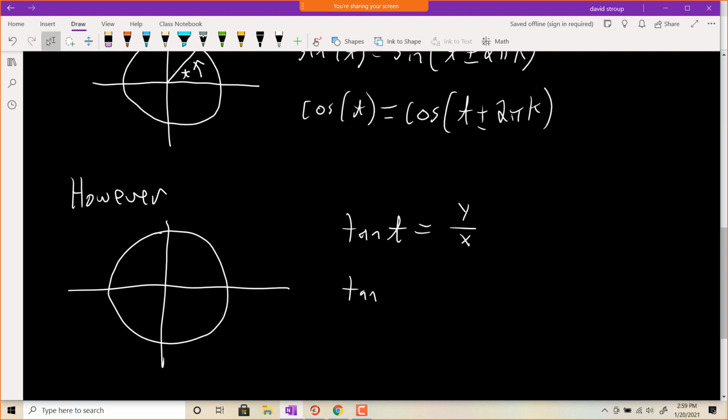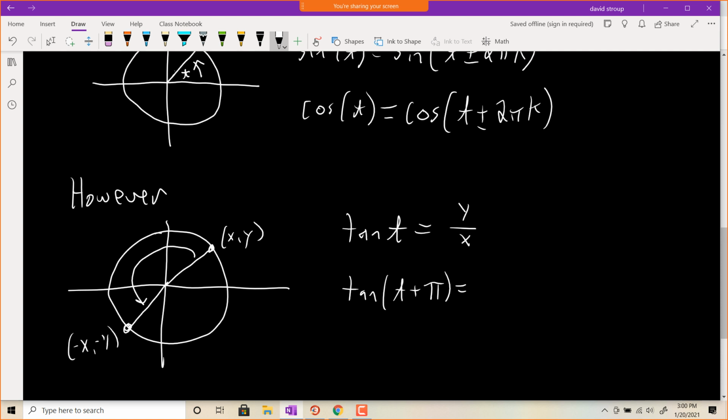Okay, so if you go tan of t plus some complete rotation around the circle, well, I guess you'll be right back where you started, but look, if you just go by a multiple of pi, like 1 pi, here's where we start with our point x comma y, and then if you rotate 180 degrees, because of the symmetry of the circle, you're going to have the point negative x comma negative y.